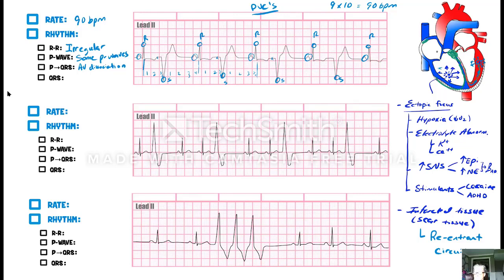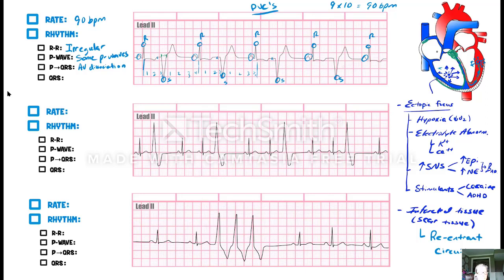So because of that, let's take this point here and go to about this point here, and we're going to count the boxes. So 1, 2, 3, I'm at about 4 boxes. If I'm at around 3 or 4 little boxes, that is obviously a wide QRS complex.